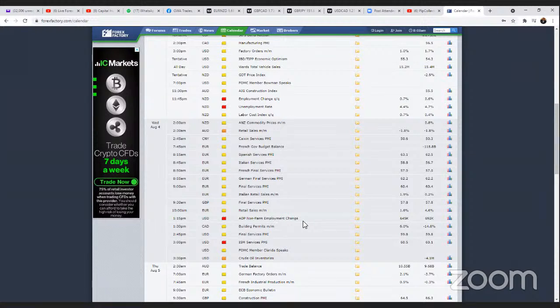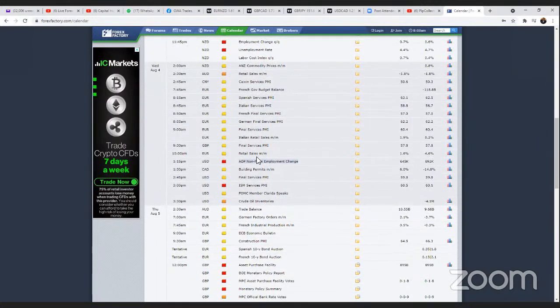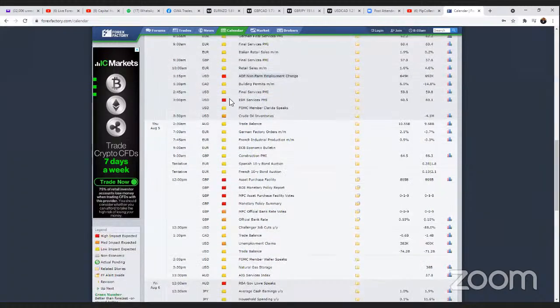It's like somebody saying, when the results come out, we will publish it. The ADP, on the other hand, is an organization coming out and saying, this is what we believe it's going to be. So this is their own forecast. It doesn't tend to move the market much all the time, but sometimes it does. So I'll be watching out for this, this week.